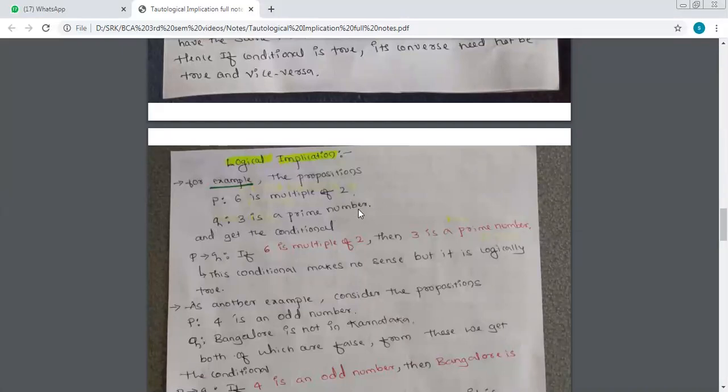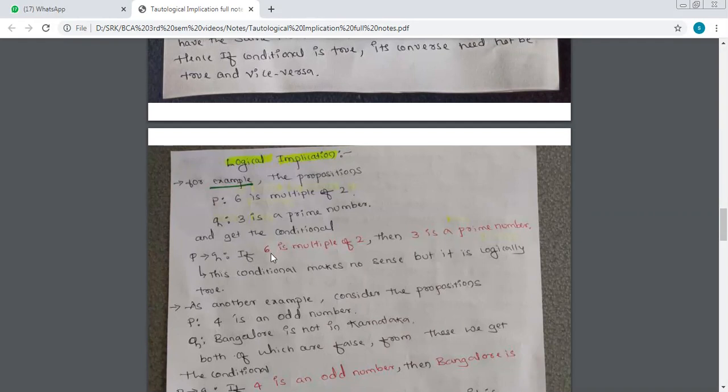We denote them by the English letters p and q, and from them we form a compound proposition using the conditional connective, p conditional q. It can be written in the if-comma-then format, with the first sentence and second sentence in between. This is the format of conditional statements.